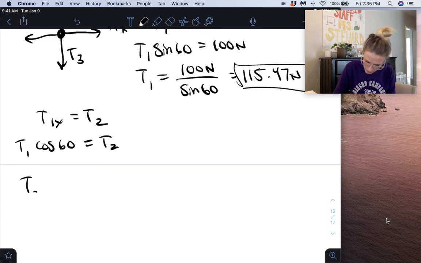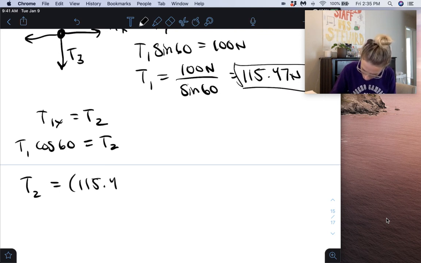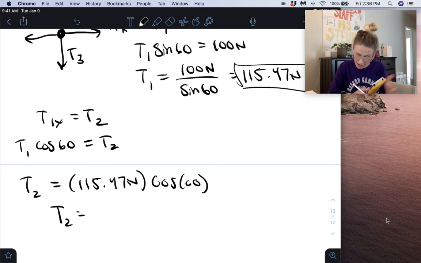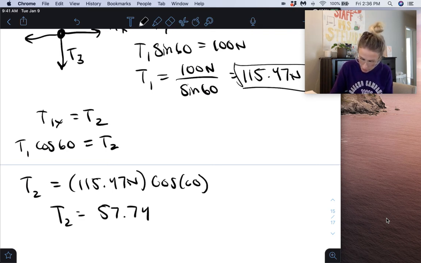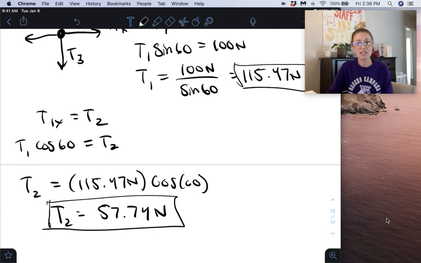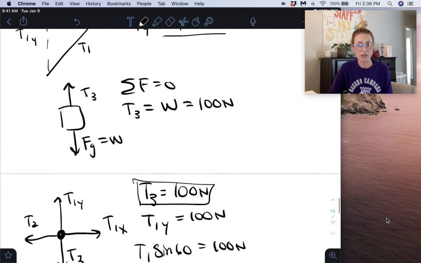So the tension in rope 2 is equal to T1, which is 115.47 newtons, times the cosine of 60. We end up getting that T2 is 57.74 newtons. And those are the tensions in all of the ropes involved in this equilibrium problem.